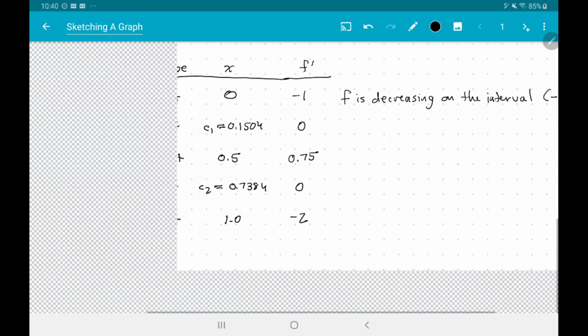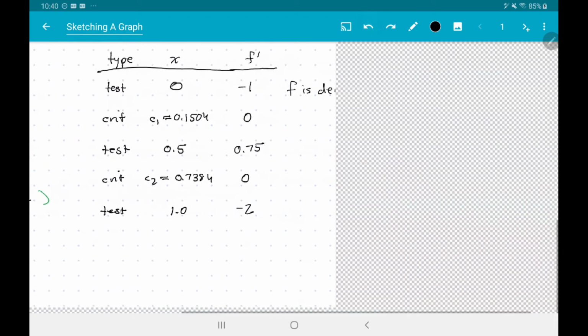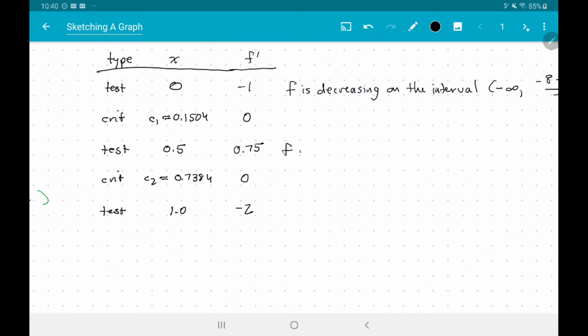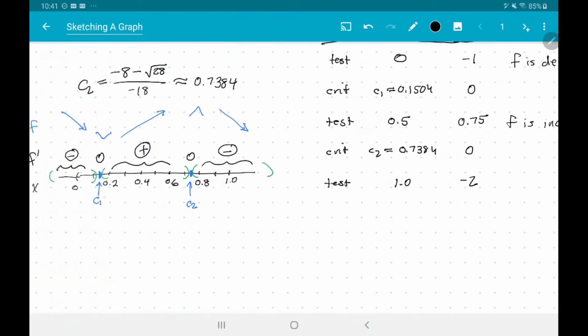Next, I'm going to handle the central interval. In that interval, we found that f is increasing on the interval. Now here's a hint. The central interval picks up right where the left interval left off, and it goes all the way to the next critical number.